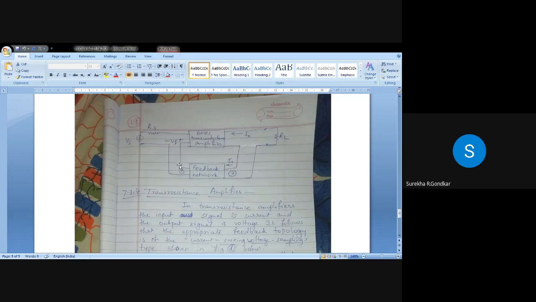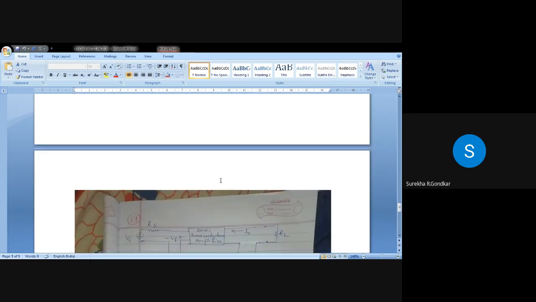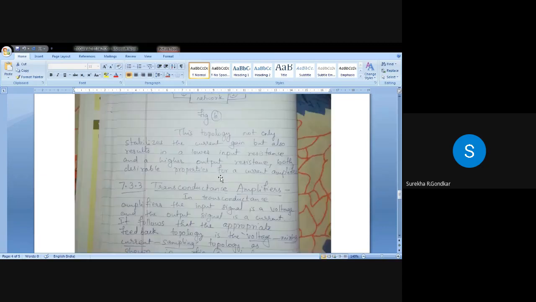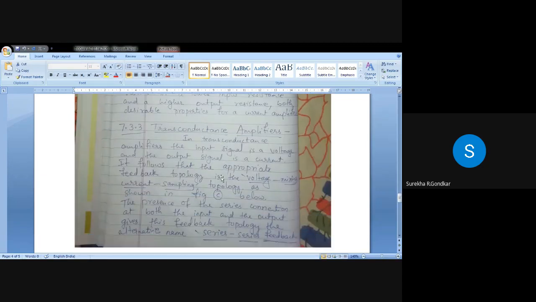So the feedback quantity, what you are tapping, is current here, and voltage is mixed at the input. So this is called a transconductance amplifier. So this is called series feedback.